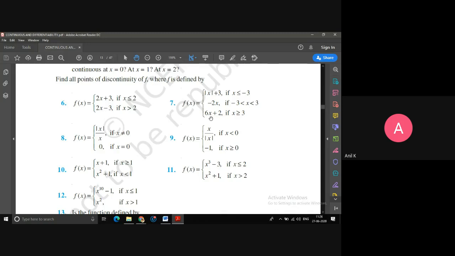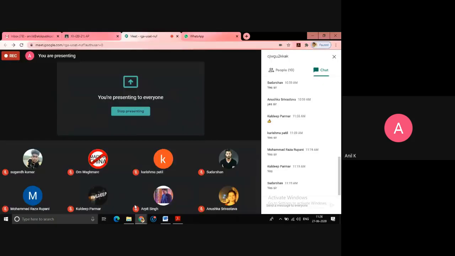So 6 times 3 is 18, 18 plus 2, 20. Left limit is minus 6, right limit is plus 20. They are not equal. So hence f is discontinuous at x equals 3. Okay. This example is clear. How to decide continuity, discontinuity.